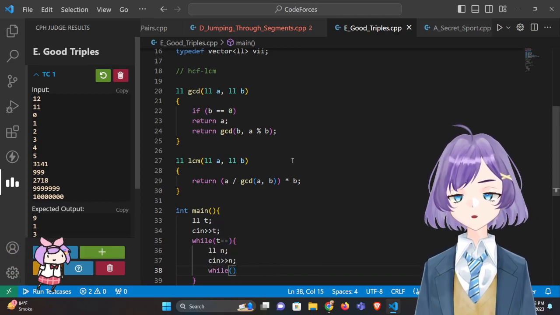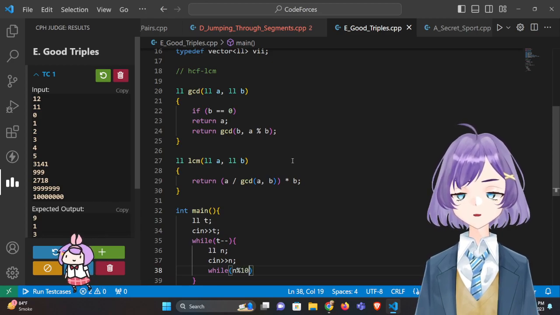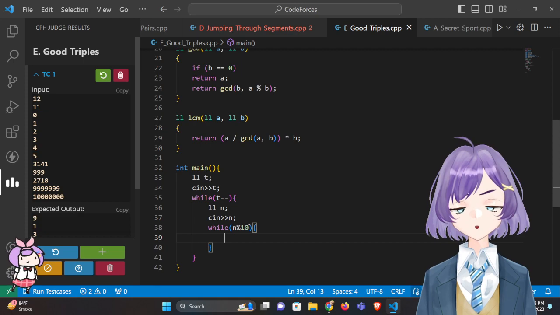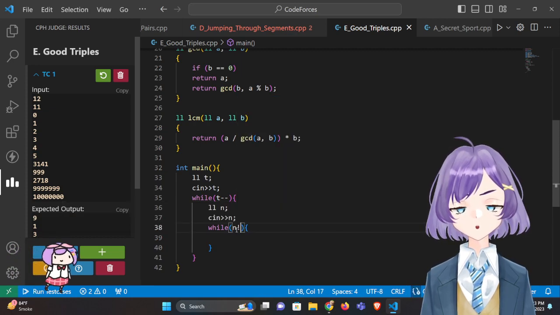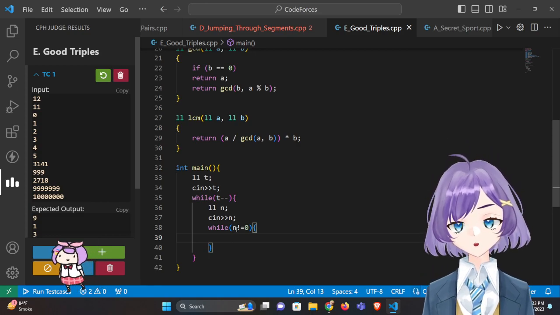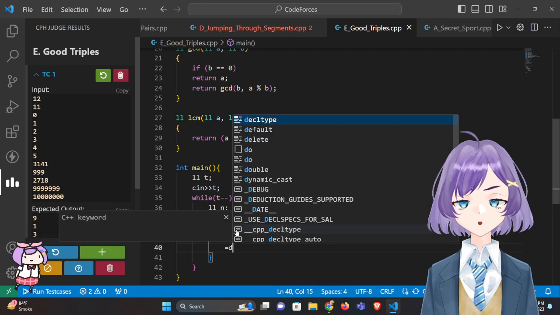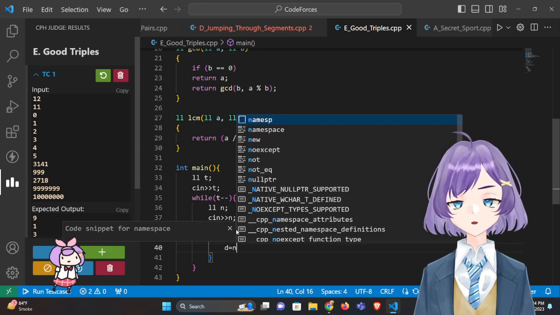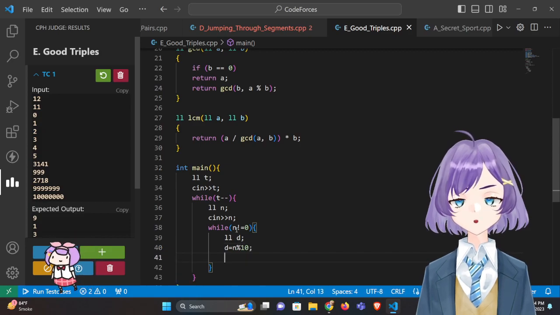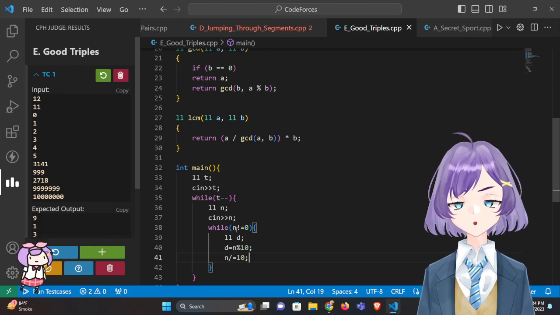Let me write the code: cin t, while t minus minus, long long n, cin n. Now while n percentage by 10, while n is not equal to 0, long long d is equal to n percentage by 10, n divided equals 10.